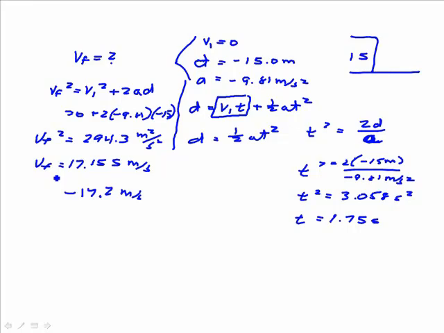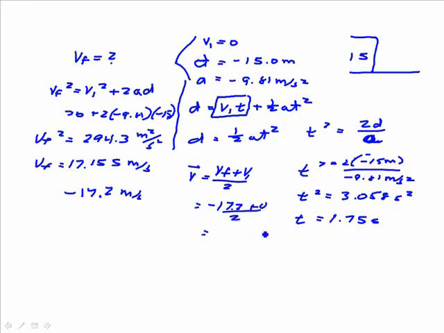All right? And then the last one, what is the average speed? Well, the average speed, as we mentioned in the problem, is just the final plus the initial divided by 2, and in this case it's negative 17.2 plus 0 divided by 2.